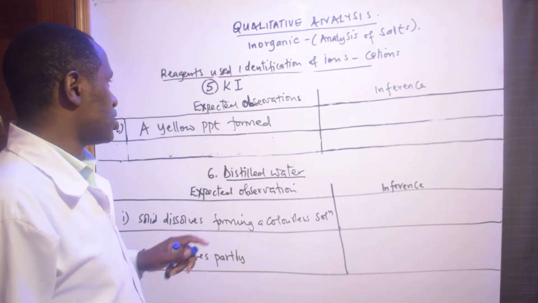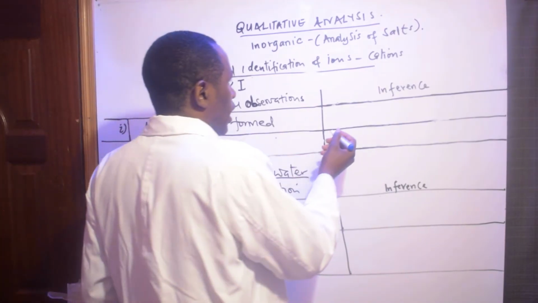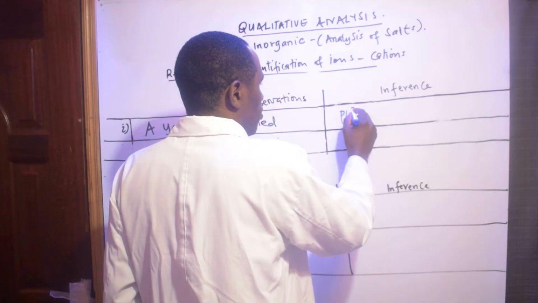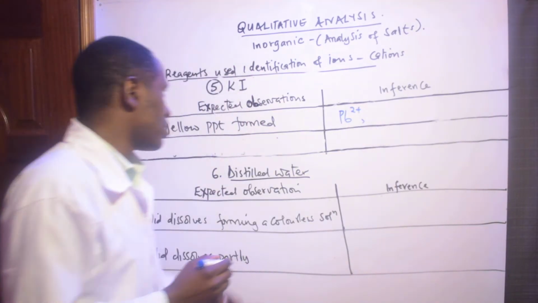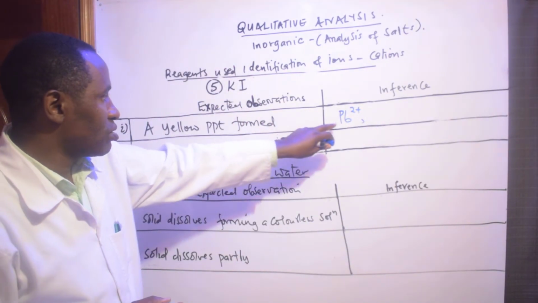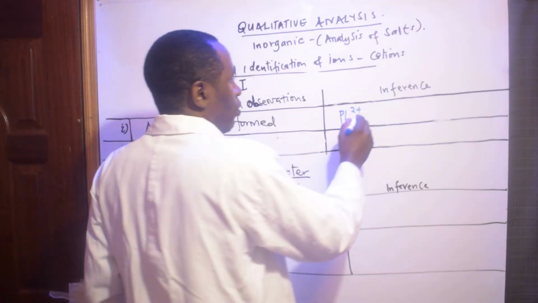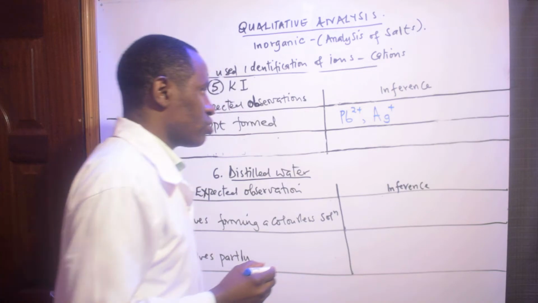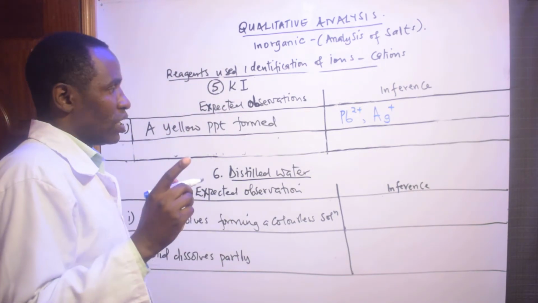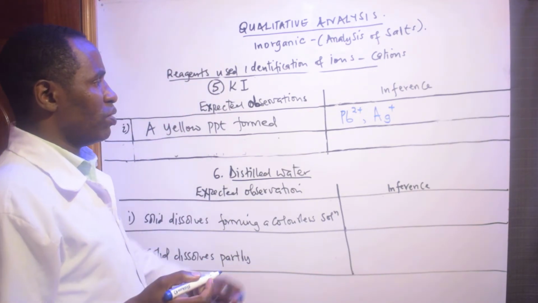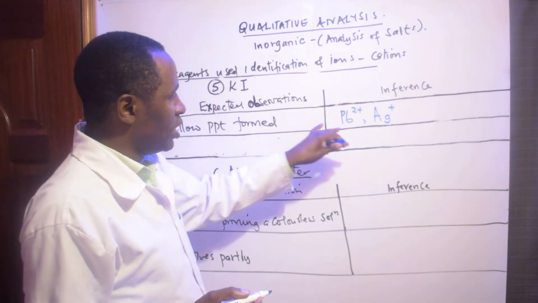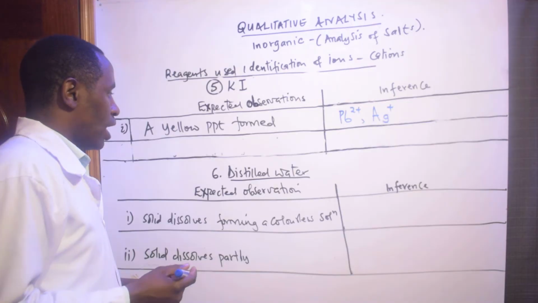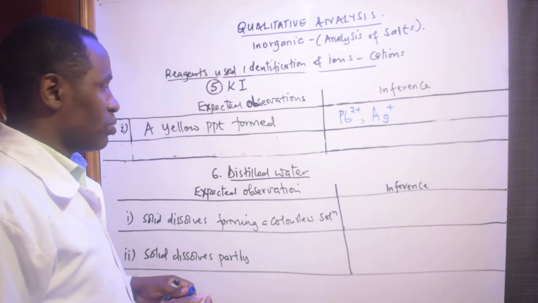The ions that can form a yellow precipitate with iodide ions are the lead ions, because lead iodide is yellow, and silver iodide, which is also yellow. That means that with potassium iodide you cannot confirm lead ions or silver ions on its own. You have to do some other test to be able to confirm it.